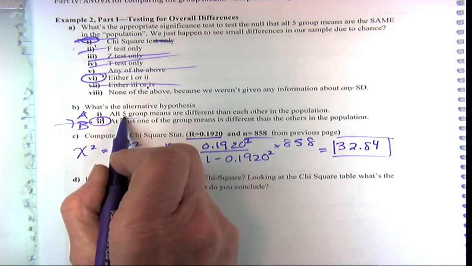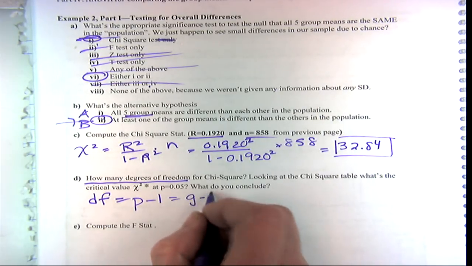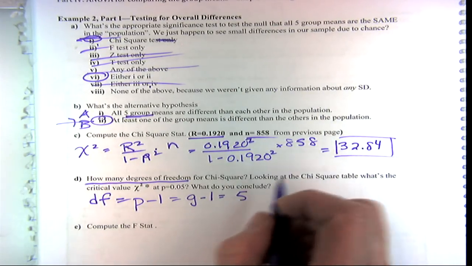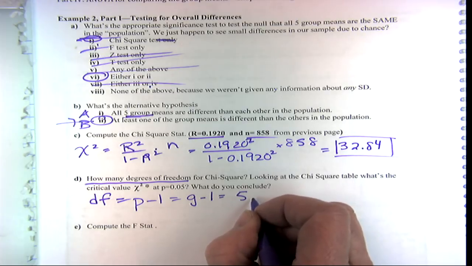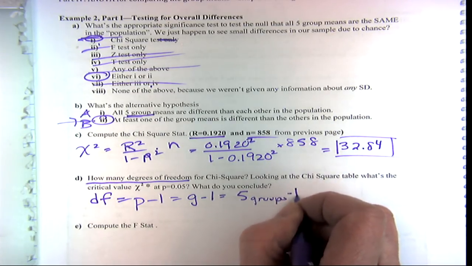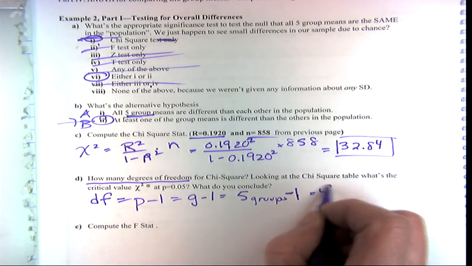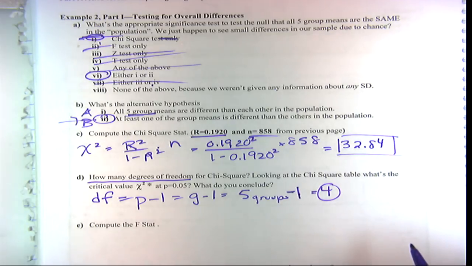There's 5 groups. So p minus 1 is g minus 1, which is 5 groups minus 1. That's the degrees of freedom, which is equal to 4. So easy to get messed up on these degrees of freedom.